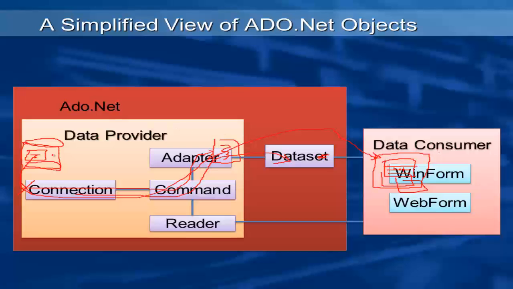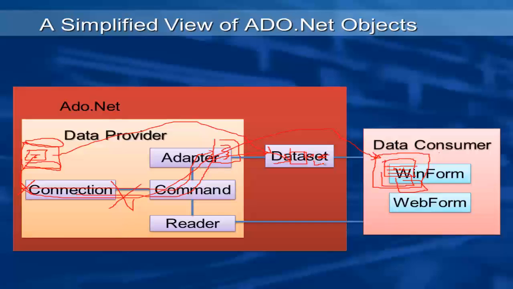So you read from the database and fill the data set. Once the data set is filled, you disconnect from the database. It's no longer required. Then you work with the local copy.